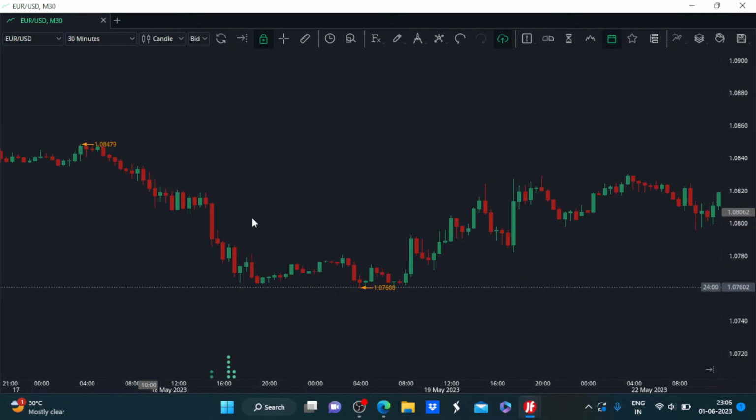Now we may think about going back to the USD CHF. Let us see if we can find an example in USD CHF. It is taking some more time for loading.